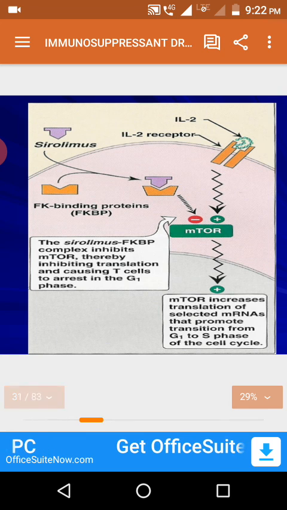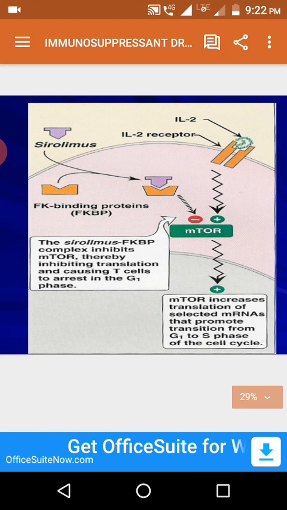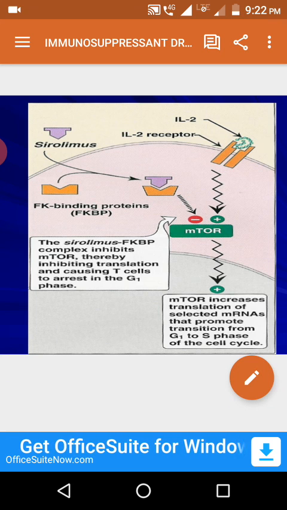By seeing a diagram, you come to know the mechanism of action very clearly. Here sirolimus enters the T lymphocytes, binds to the FK binding protein, and forms an active complex. After that it inhibits mTOR. Whenever you inhibit mTOR, the cells do not proliferate even in the presence of interleukin 2, so they stop the proliferative influence of interleukin 2.